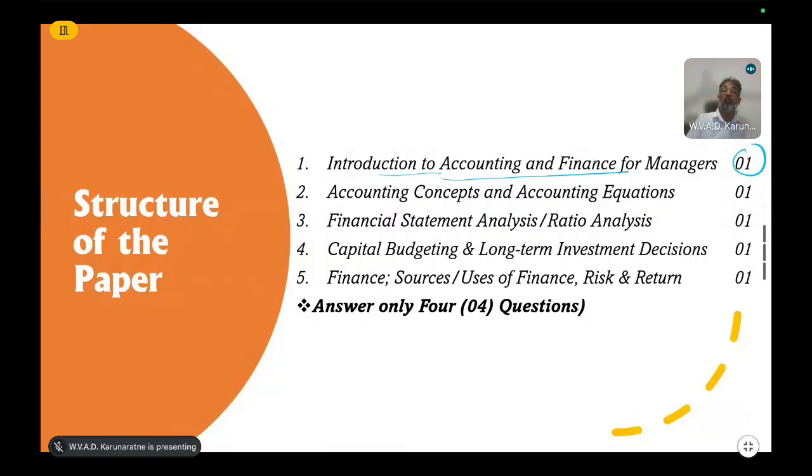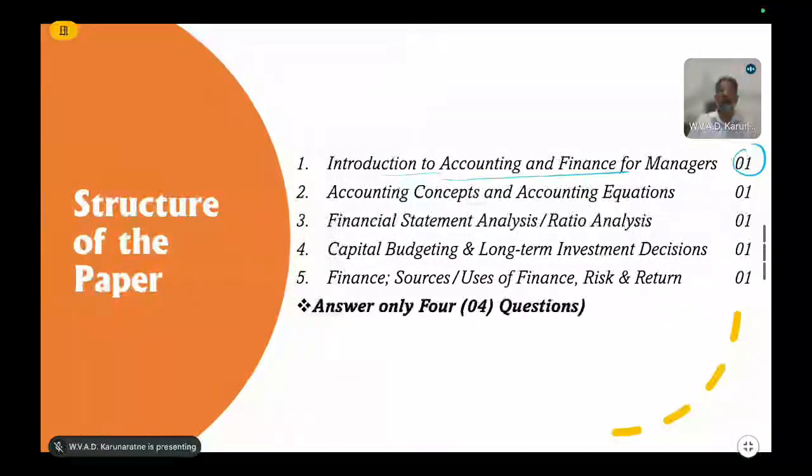Then what is the difference between accounting and finance, right? Then the introduction part and the introduction to finance as well.